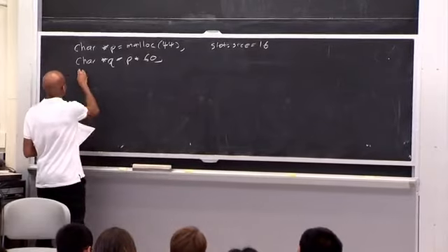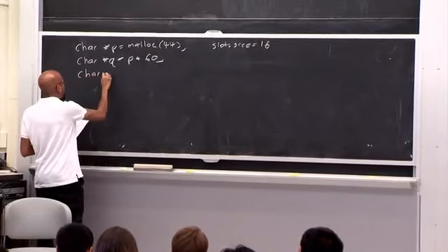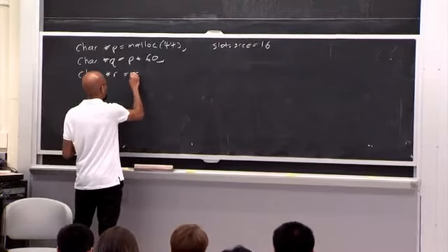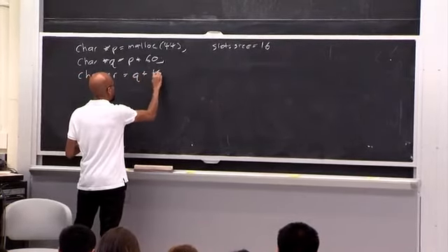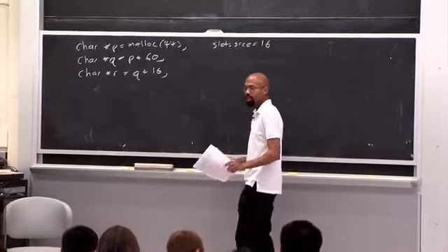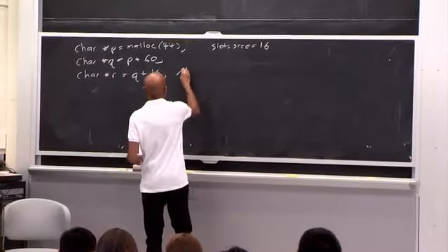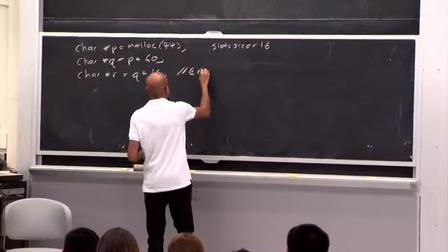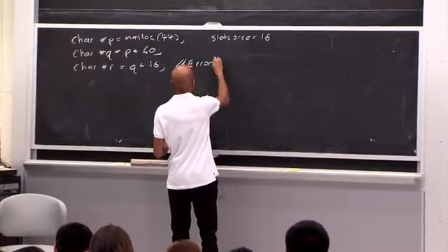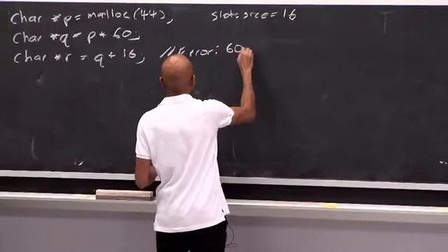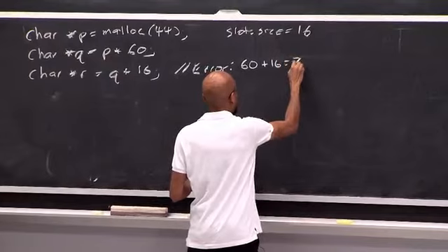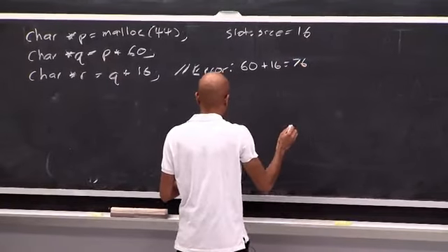Now, let's say that the next thing we do is define another pointer, which is going to be set equal to Q plus 16. Now this is actually going to cause an error, because Q is at an offset of 60, plus 16, which equals 76.